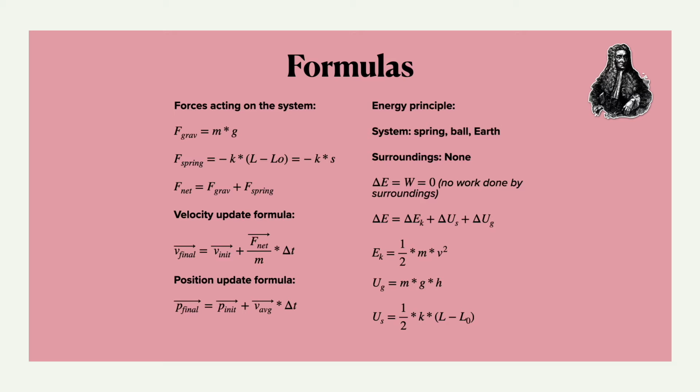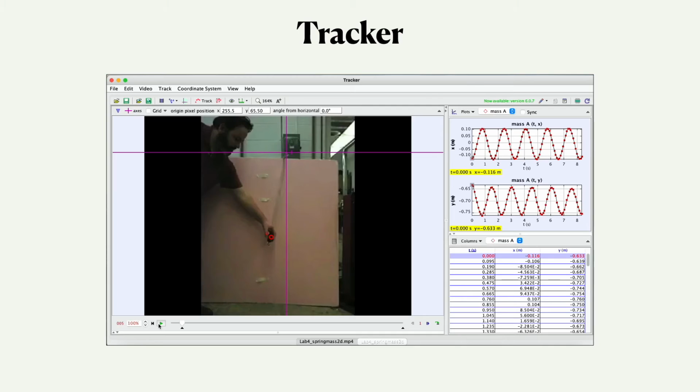Another one is the gravitational potential, which near the surface of Earth equals mass multiplied by the gravitational constant and height. The last energy is the spring potential energy, which equals 1/2 spring stiffness multiplied by the difference of the length of the observed spring and its relaxed length.